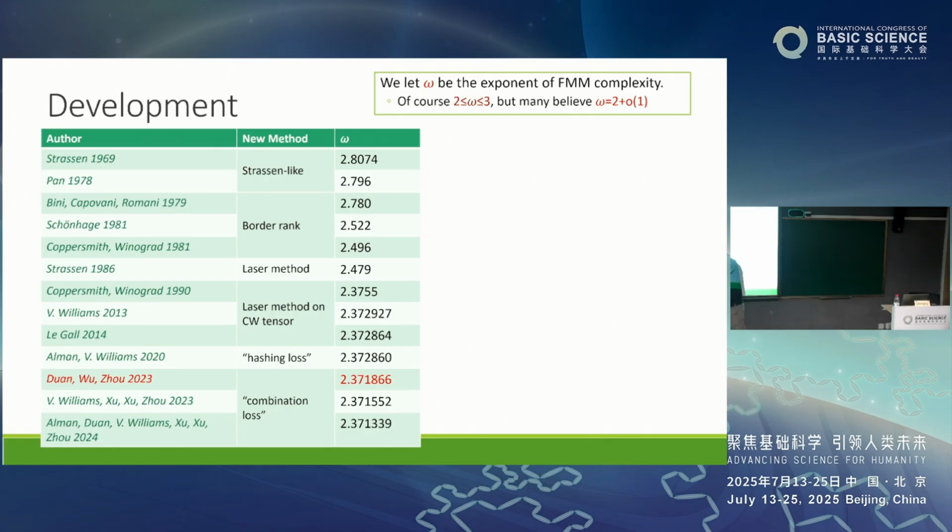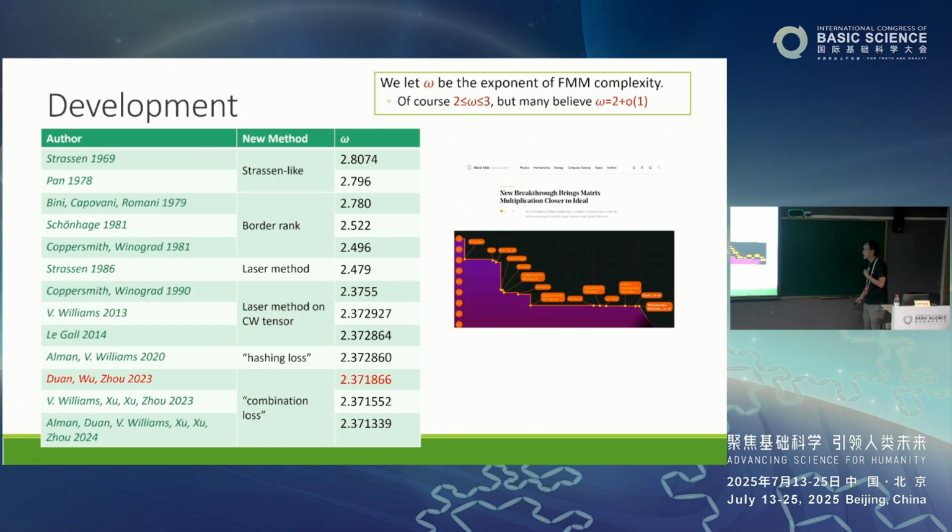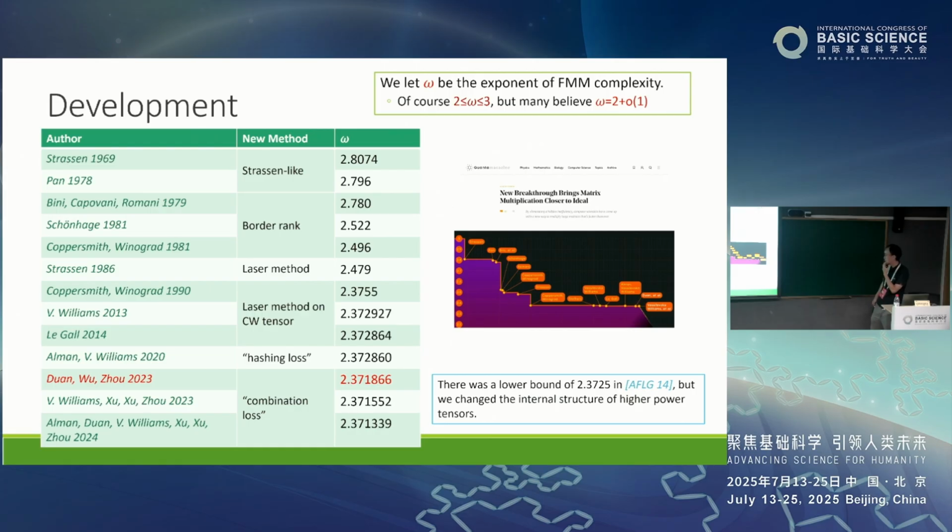So now the current method is all based on the Coppersmith-Winograd tensor, which is from 1990. And our approach is finding the combination loss and partially compensating for it. Note that there was a lower bound of 2.3725 in a paper maybe 10 years ago.